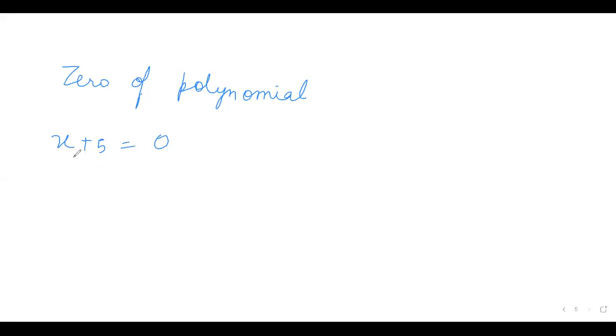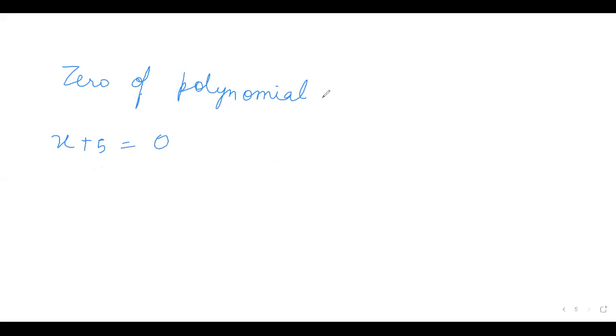So what should I substitute for x so that the value of the polynomial will become 0? If I put x is equal to minus 5, then the value of the polynomial will become 0.